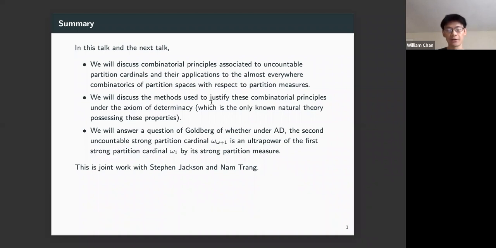In this talk, it'll be mostly combinatorial, so I won't really be using any determinacy arguments or forcing in this particular talk.